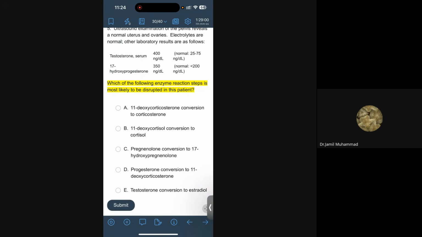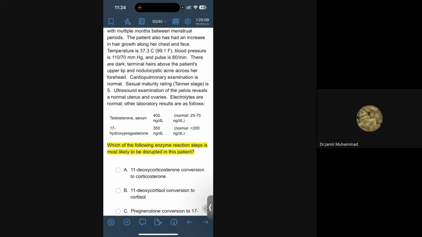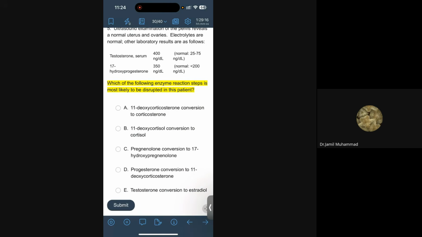The question is regarding congenital adrenal hyperplasia. You can see it from the options. By seeing the options, you have come to a conclusion that the question should be regarding congenital adrenal hyperplasia, some type of enzyme deficiency.